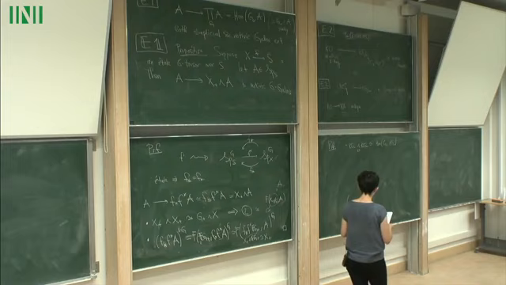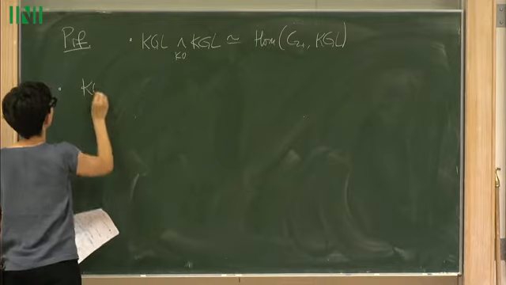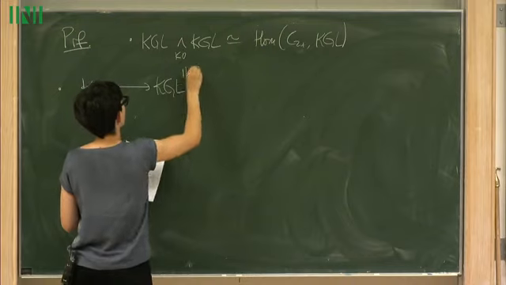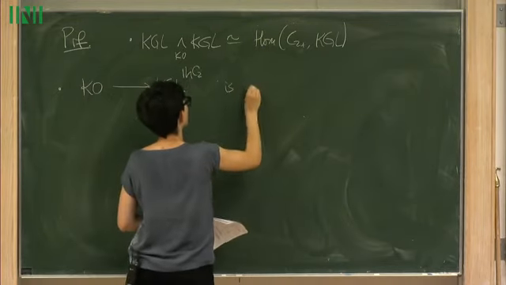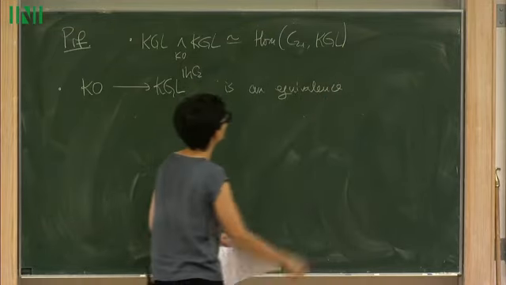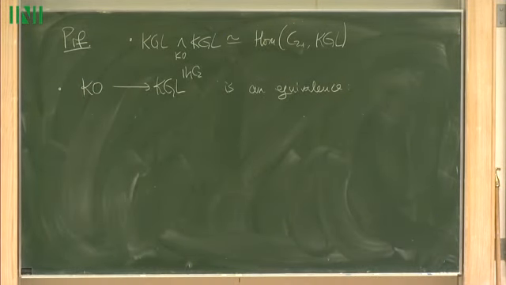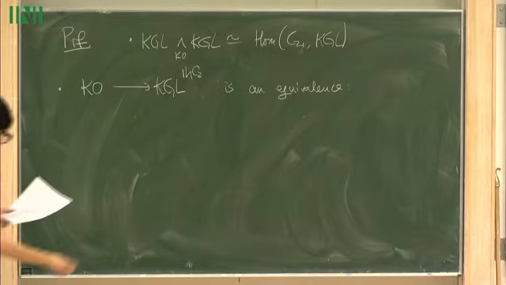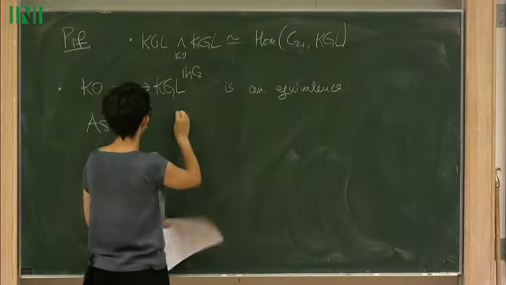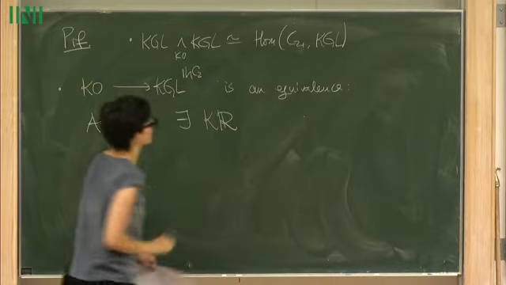Okay, so now let's see why this thing should be an equivalence. Okay, so I'm going to just state an assumption that we have a ring spectrum, an actual equivariant motivic ring spectrum KR.